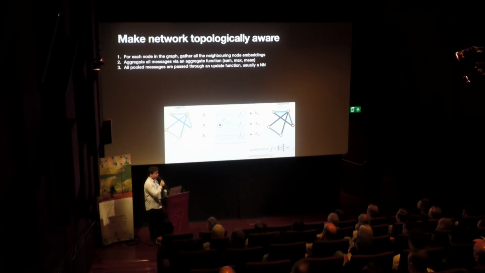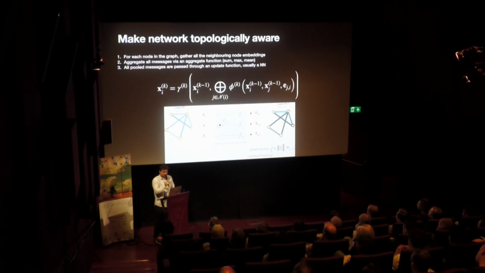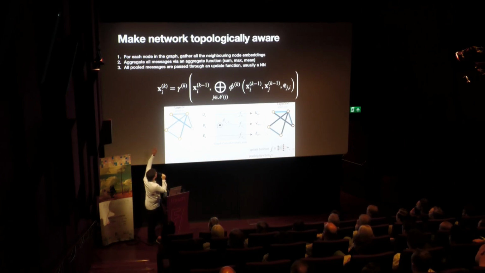So for each node in the graph, we gather all the neighboring node embeddings. We aggregate those by a sum, max, or mean, so that you get back to your proper dimensions. And then they are passed through an update function. That brings us to the mathematical equation that we had here. Let's start at the left. Those are, for example, our new node embeddings.